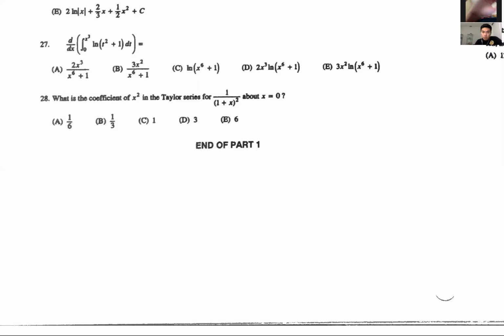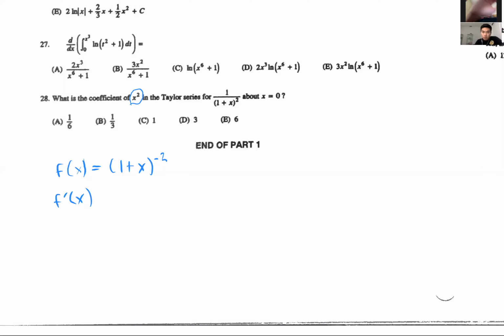So I'm going to say that f of x equals, I'm going to write this problem as 1 plus x raised to the -2. So I'm going to go to the second derivative, because the term with the x squared in it is going to go to the second derivative, it's going to be the same as the degree.